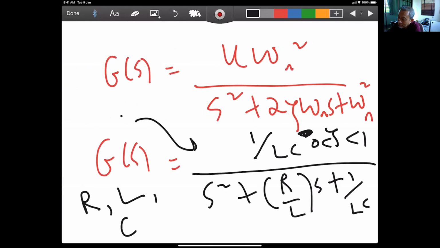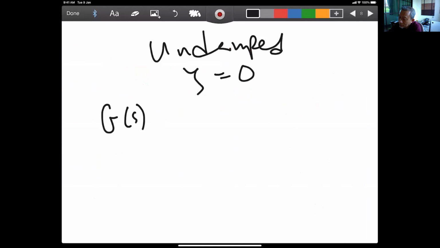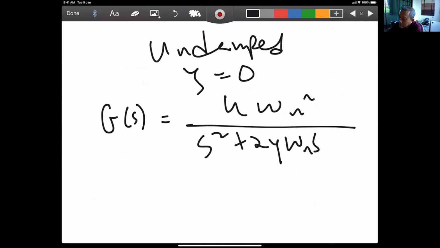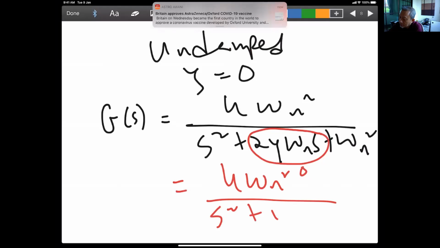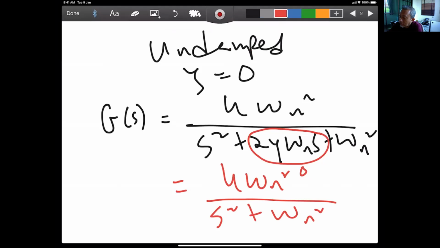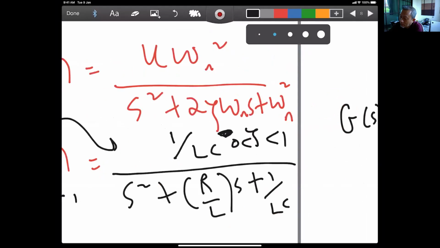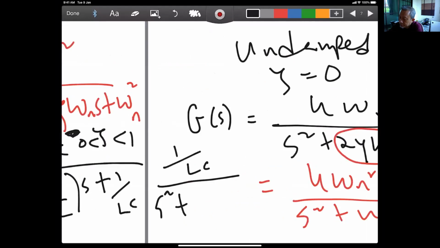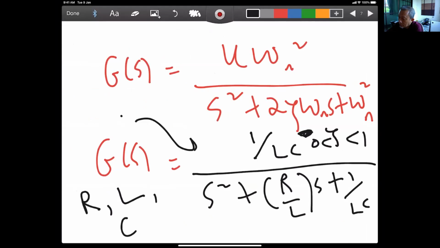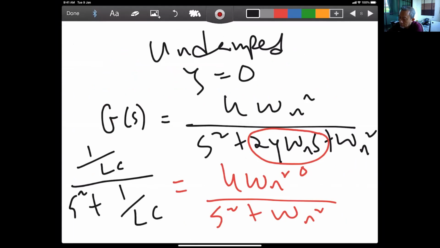In this case, your transfer function now will become, so this part is 0, so it will become, and then you have to compare with this one, 1 over LC. It seems that there is no resistor, just LC.